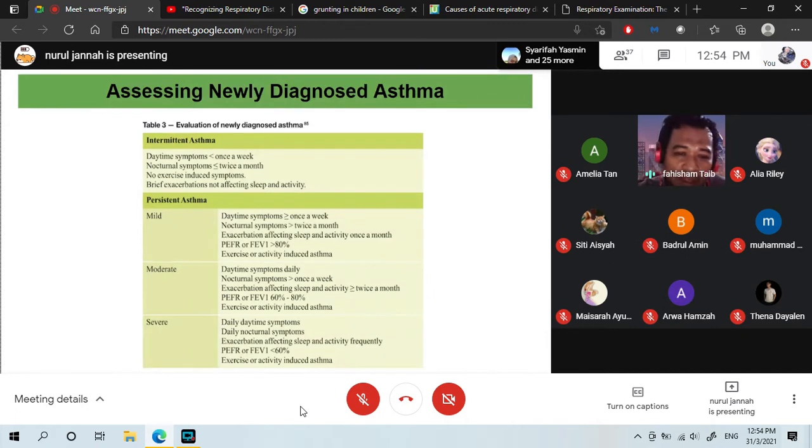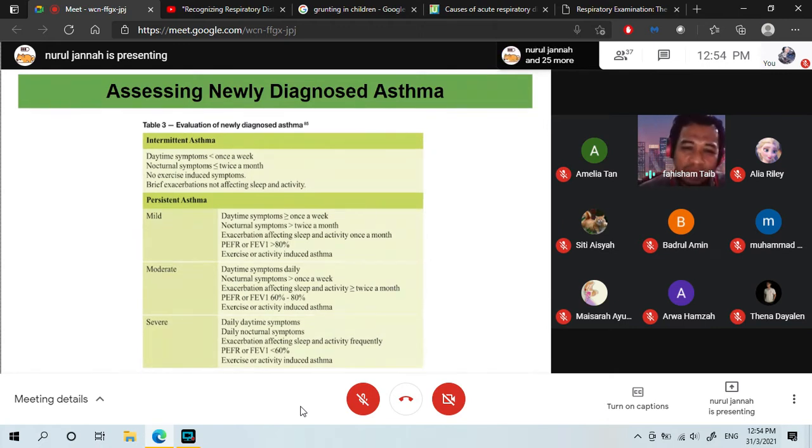So what does it mean by this? When you ask the history, this is what I mean. You want to quantify whether the child has got intermittent or persistent asthma. Because at the end of your history, you are going to make a remark or summarize the problems. This is a child, based on my evaluation, he's got mild persistent or moderate persistent, whatever.